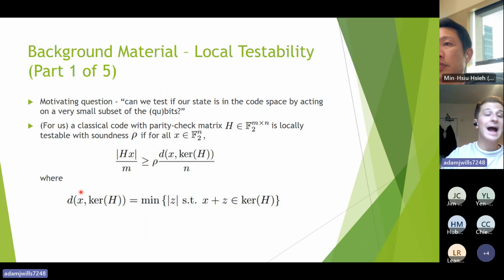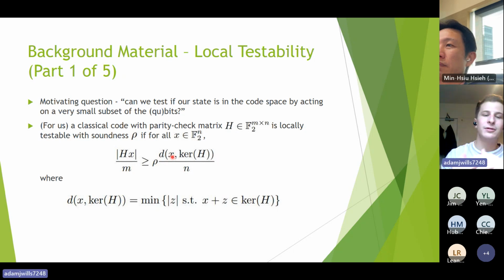And similarly, if I have to flip a large number of bits of x in order to put it in the code space, then I'm saying that it is far away from the code space. So this definition so far says for any x, the number of checks it violates divided by the number of checks is at least the soundness times the relative distance of x from the code, which is just the distance of x from the code divided by n.